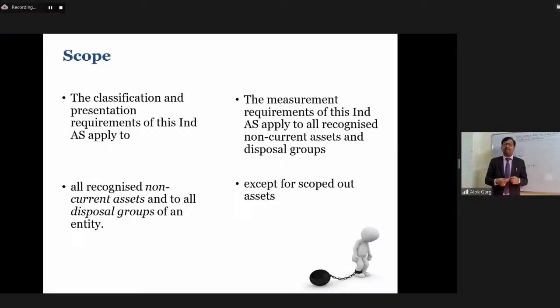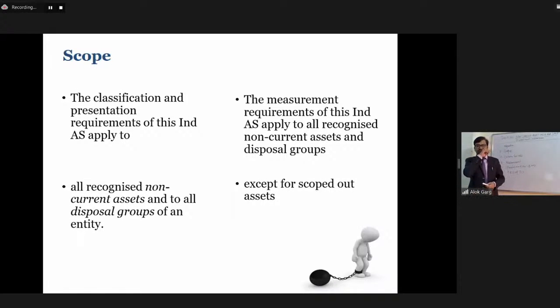For example, if the company is selling a factory, there could be some raw material lying in the factory, and a combination of assets, for example plants, sheds, furniture and fixtures, equipment, machinery, building. These are all the combination of assets lying in the factory.